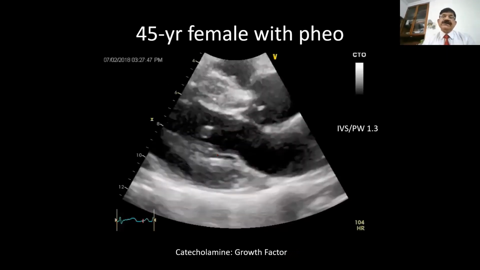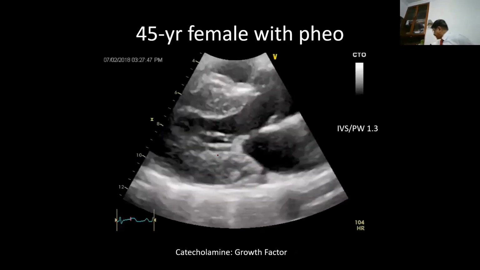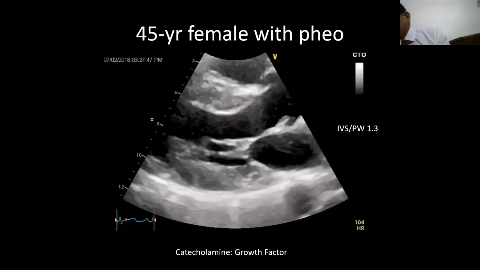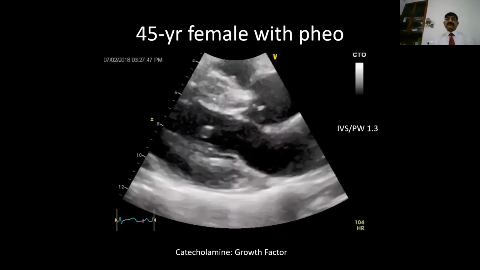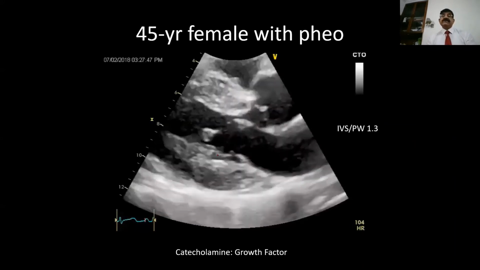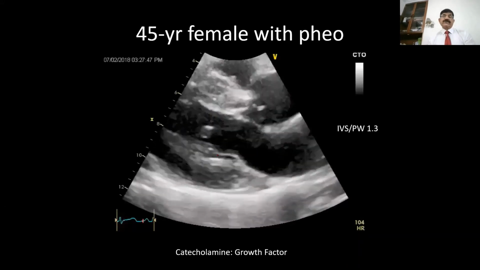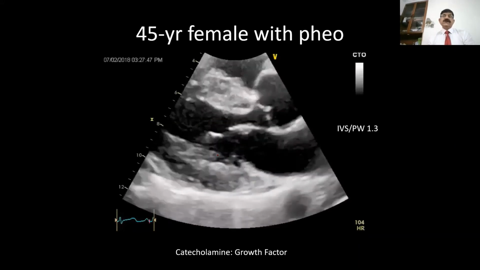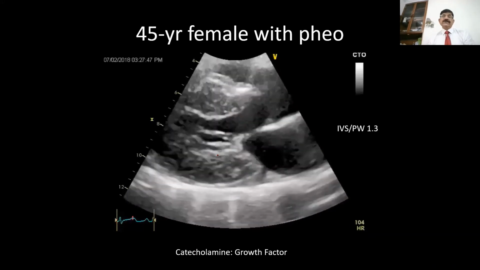One of the other conditions where the hypertrophy can actually be more than what you get in hypertension is pheochromocytoma, because catecholamines are strong growth factors, big growth factors. And this is a young lady with pheochromocytoma, and you see concentric left ventricle hypertrophy, very thick walls, and the wall thickness is about 22 millimeter both.